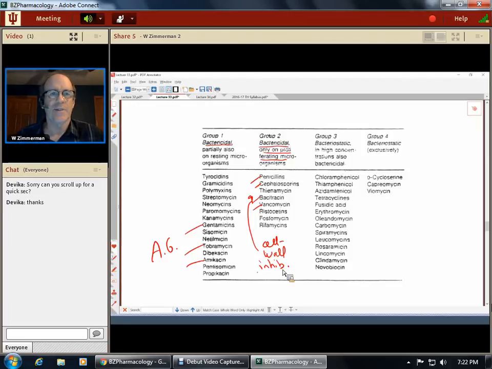And everything else after aminoglycosides and cell wall inhibitors is bacteriostatic. It does say in high concentration also cidal, but we really don't think about that. But these are your protein synthesis inhibitors: chloramphenicol, tetracyclines, clindamycin.